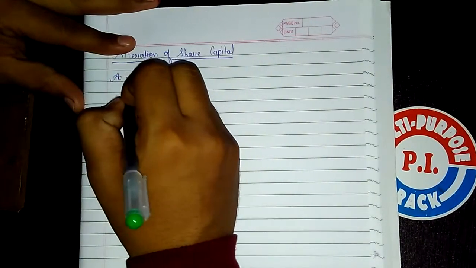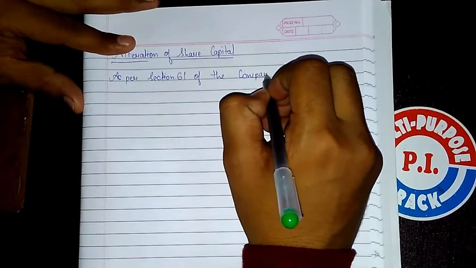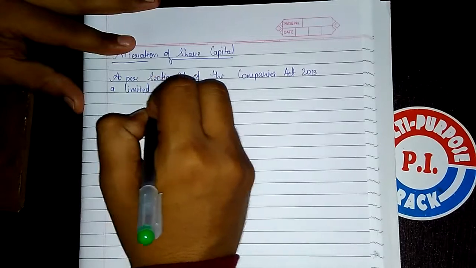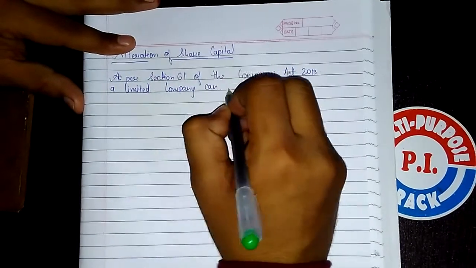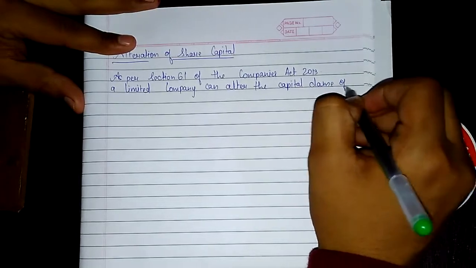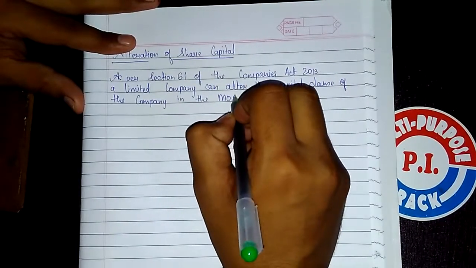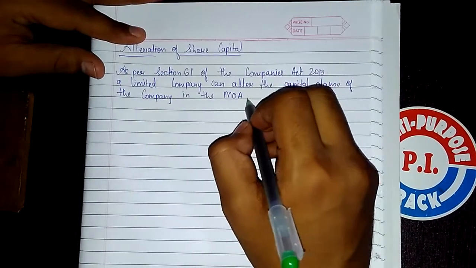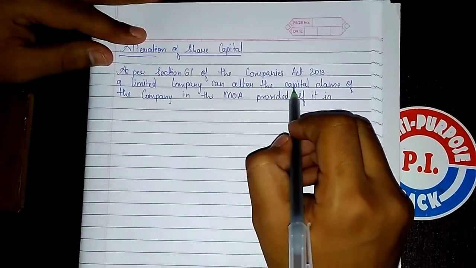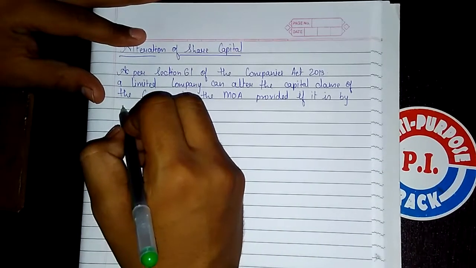As per section 61 of the Companies Act 2013, a limited company can alter the capital clause of the company in the MOA, that is Memorandum of Association, provided it is authorized by its AOA.